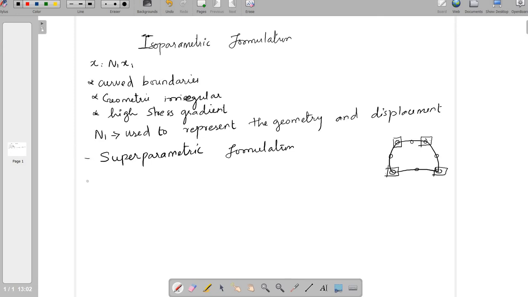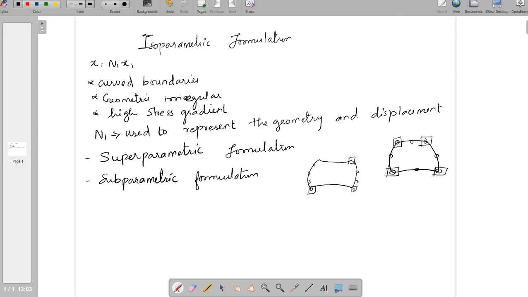The next type is subparametric formulation. The subparametric formulation is opposite to superparametric formulation, in which more number of nodes are representing the stress variation. Some boundaries are having high stress gradient. In those boundaries, we are considering more number of nodes than the number of nodes in the geometric variation.